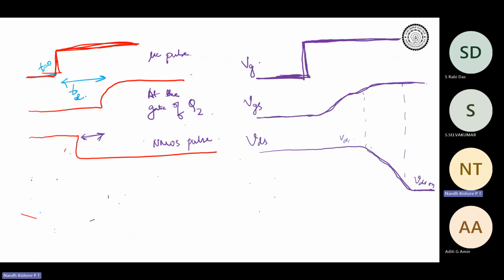So there is a voltage fall when the device turns on. The voltage fall will happen after your VGS comes into effect, only after your VGS has crossed V threshold. Your voltage will fall only after you give the gate pulse to the device, right?